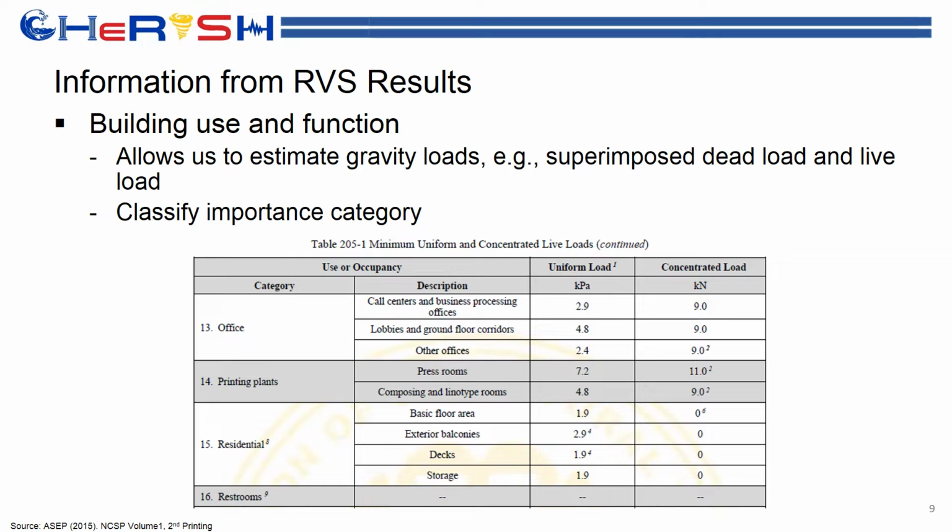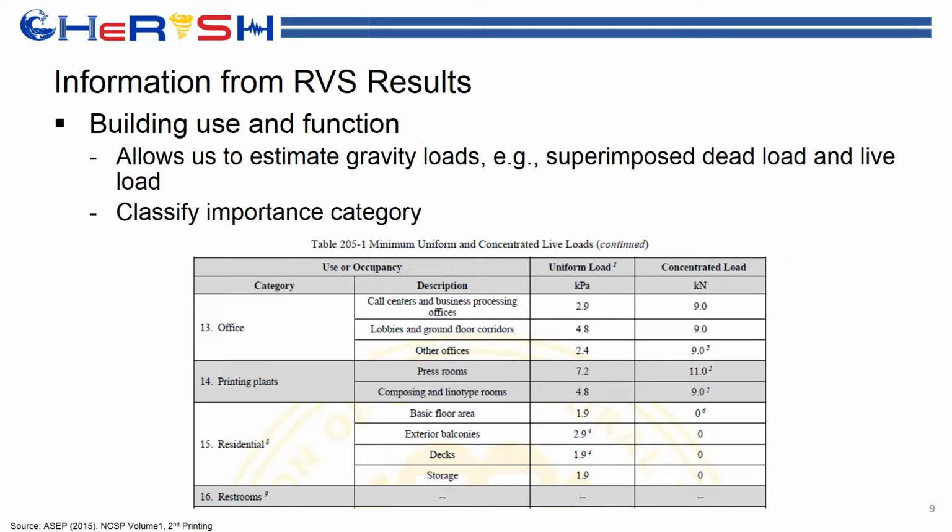So for example, if it is a commercial building, probably a grocery or supermarket, then we can say that there are some storage areas in those structures, so we will use a storage classification in terms of the occupancy, and we will use that amount of live load intensity to assess our structure.